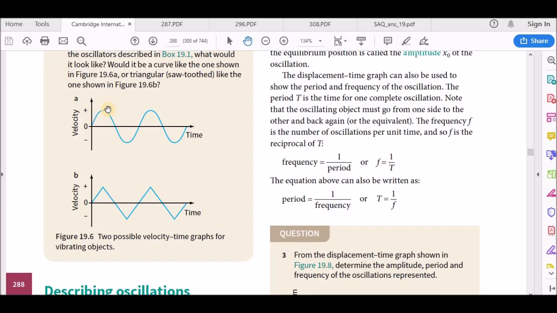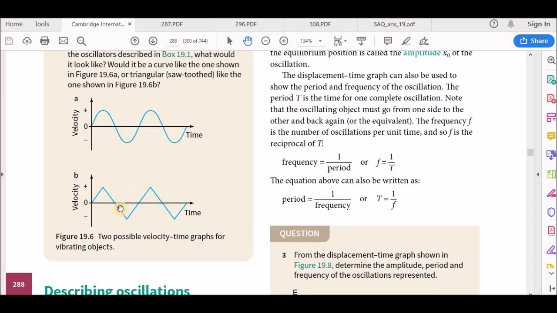And then the acceleration becomes negative and decreases and becomes 0. Again it increases to a positive maximum, and then decreases and becomes 0. So over here you can see the acceleration is changing. But here you can see acceleration is constant.